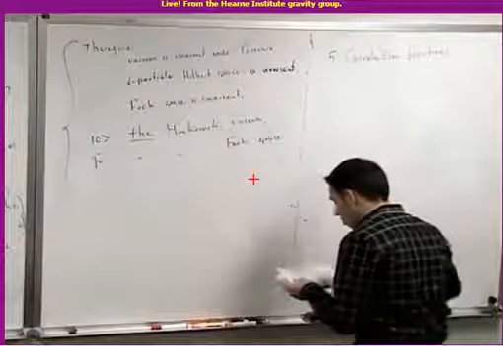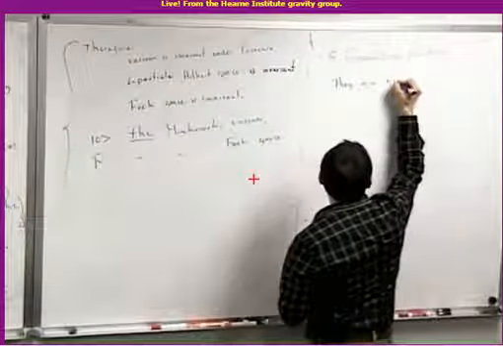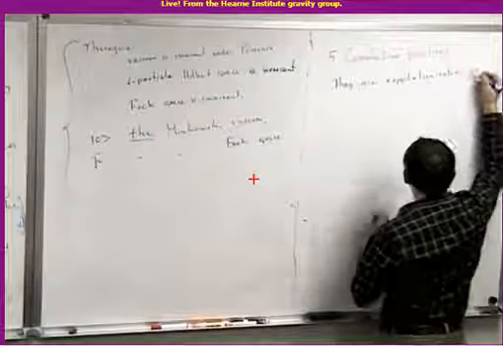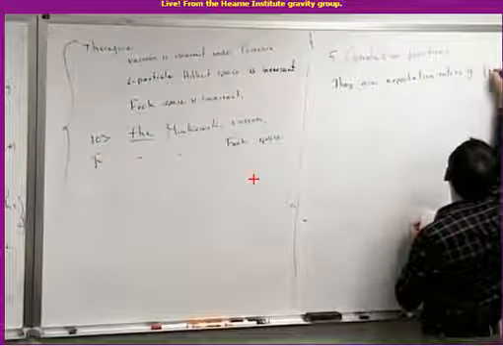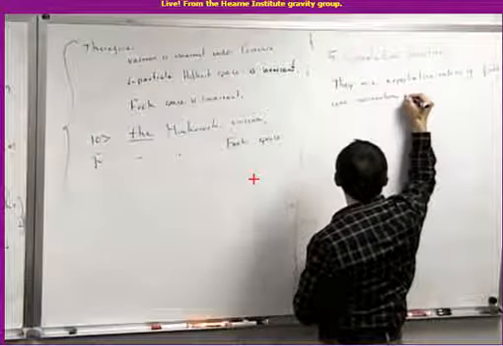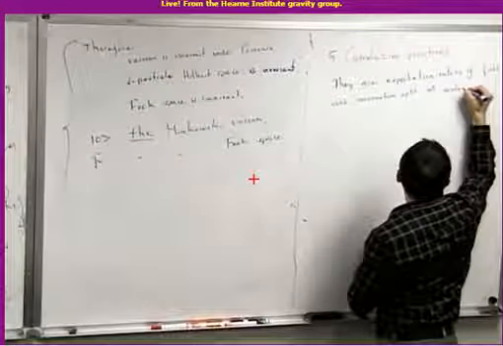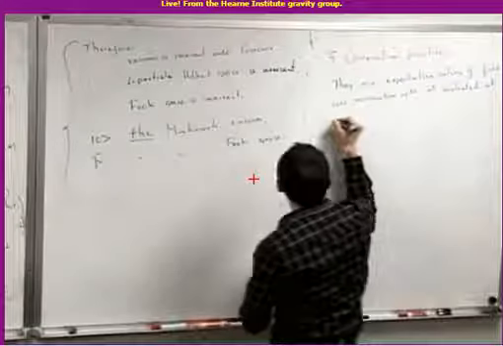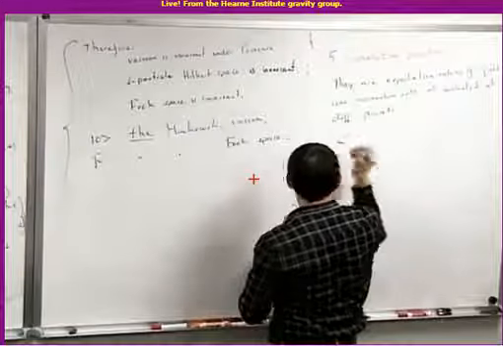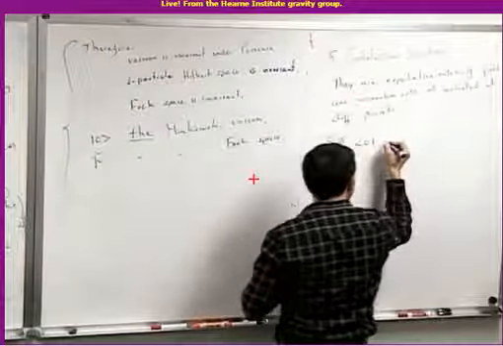So correlation functions are expectation values of field and momentum operators, all evaluated at different points. For instance, as an example, if I use the vacuum, but I don't need to use the vacuum, I can use any other state.